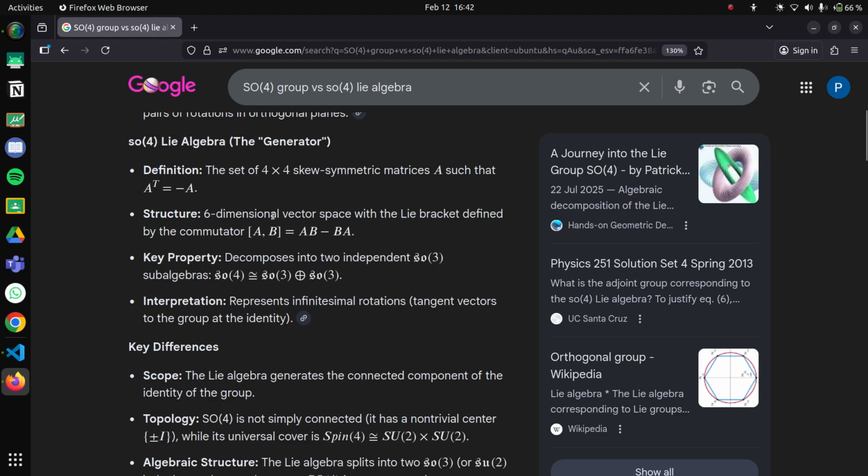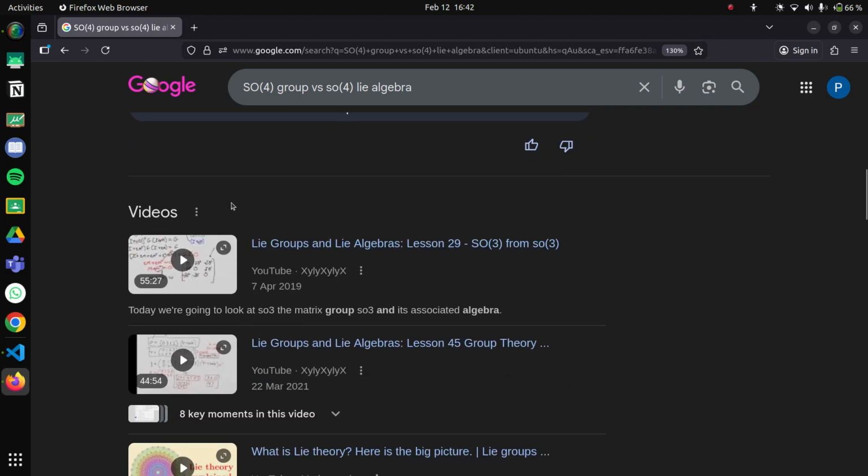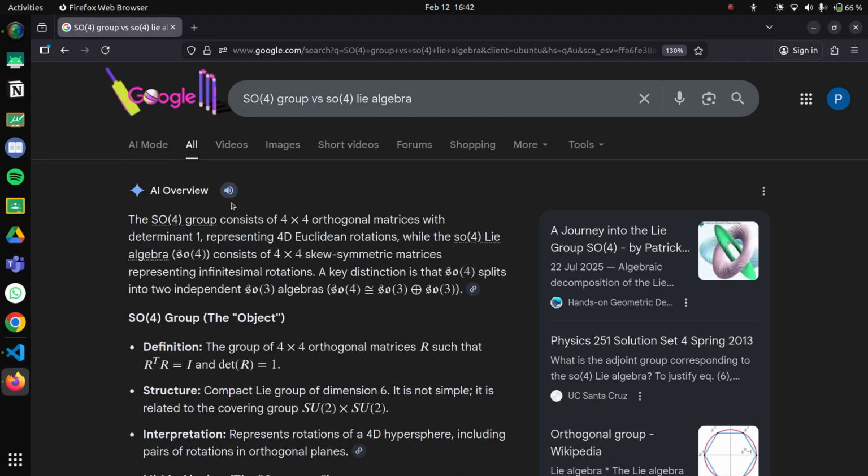It's the 6-dimensional vector space. So yeah, as it turns out, this isn't directly related to capital SO4, although these do represent rotation matrices in a sense. Some sort of rotation, I don't quite get it, but yeah.